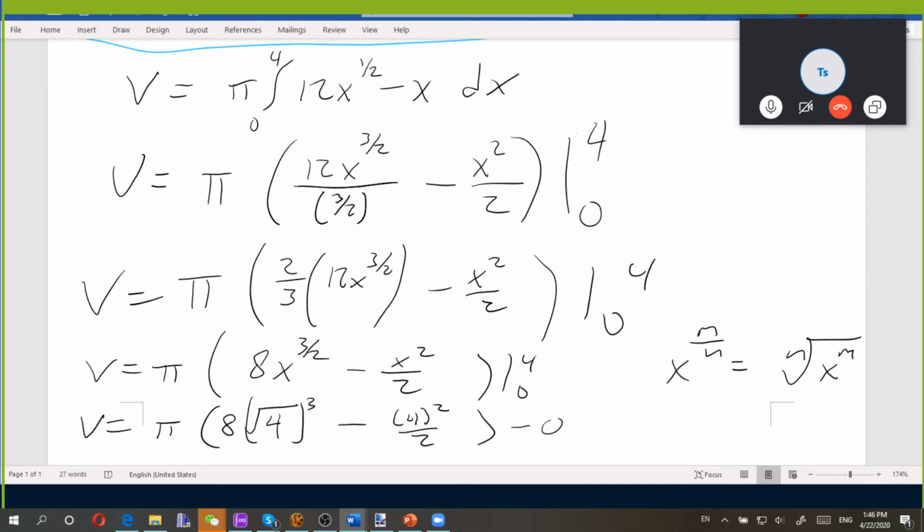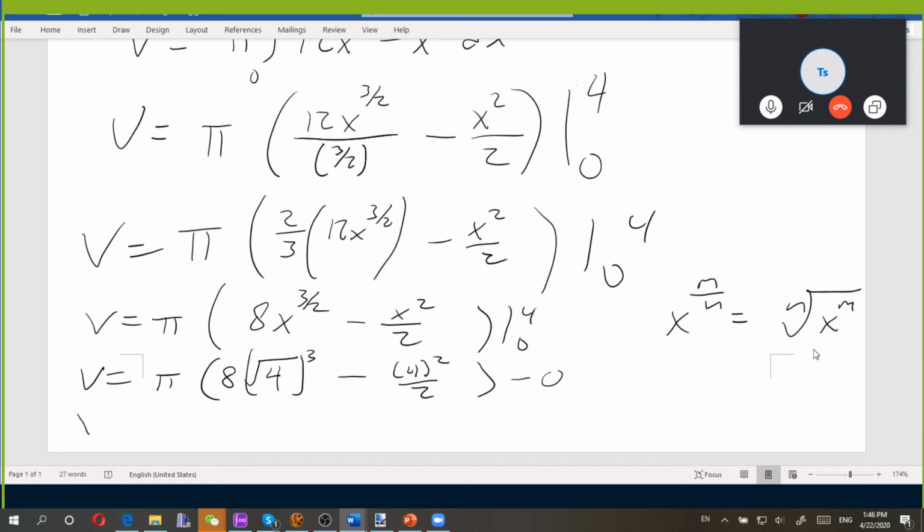So that'll be 2 cubed, or 2 times 2 times 2. What is 2 cubed? 8. Okay, so I've got 8 times 8 minus 4.